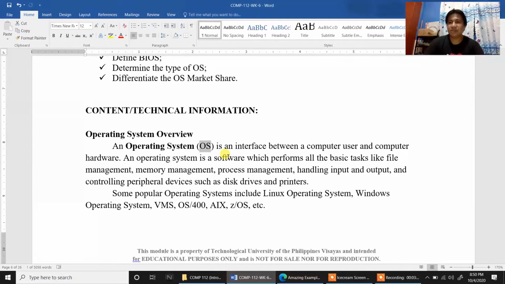So we need a mediator, or shall we say a messenger, so that our language will be interpreted by the mediator and passed to the hardware so that it will create an input-output result. That is the essence of why we are using the operating system.